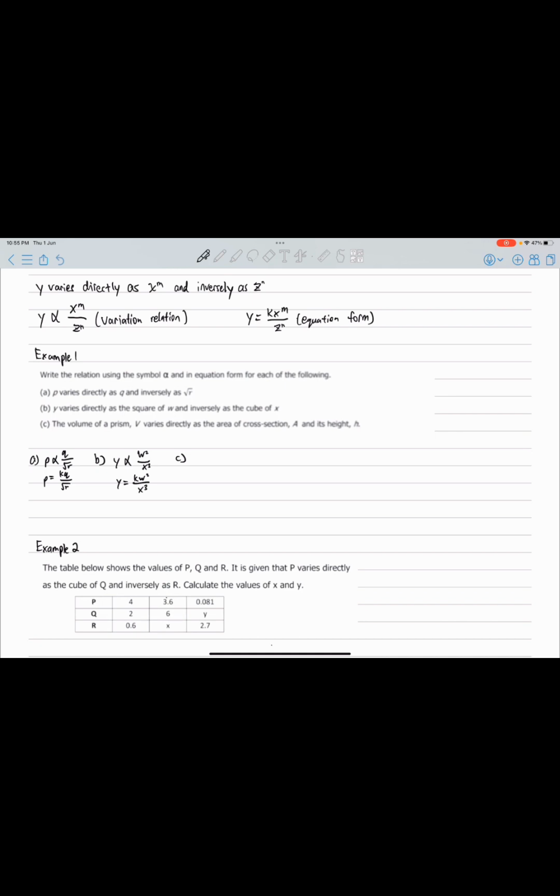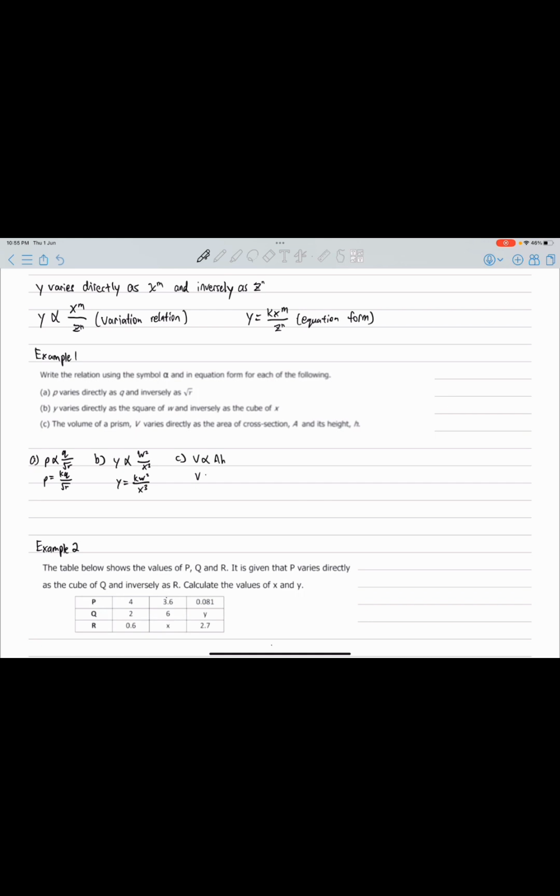And for C, the volume of a prism V varies directly as the area of cross-section A and its height h. So we will write it like this.